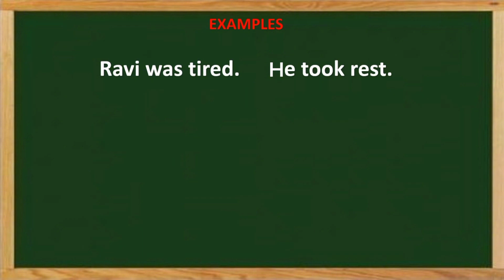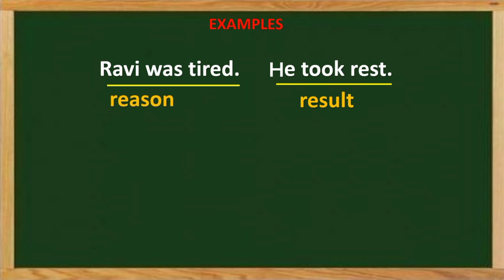So let us take the same example. We have already identified that he took rest is the result, and it is because Ravi was tired that he took rest. So Ravi was tired is the reason.